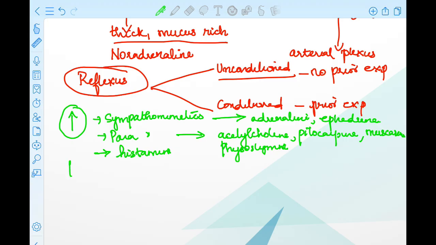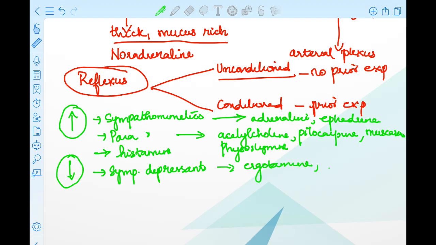And what are the substances that reduce the salivary secretion? They are the sympathetic depressants like ergotamine and dibenamine.